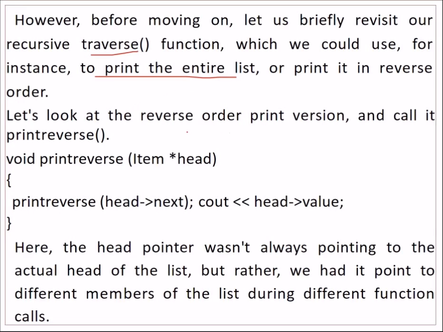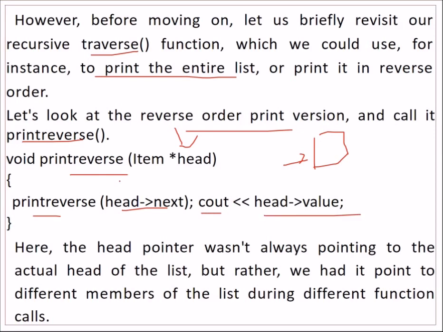Let us call this print reverse. How are we going to print in reverse? We are going to pass the starting of the list, that is the address of the head, to the print reverse function, and we start with head next, and we output the head value.